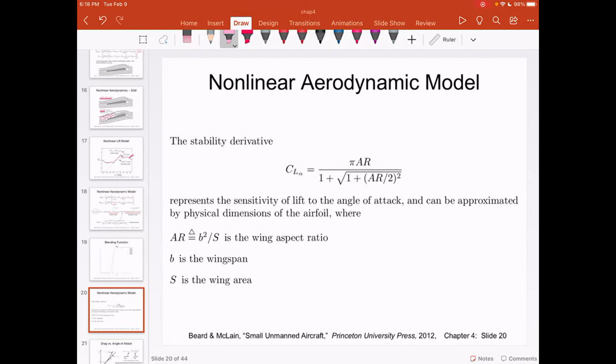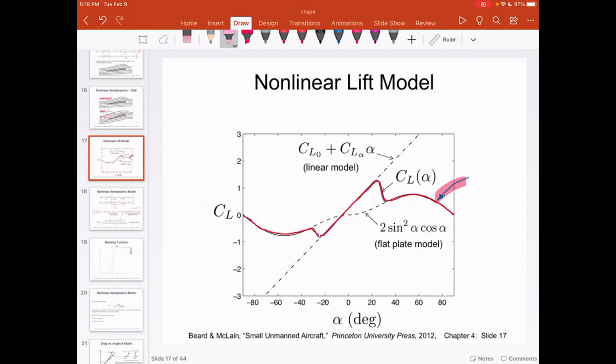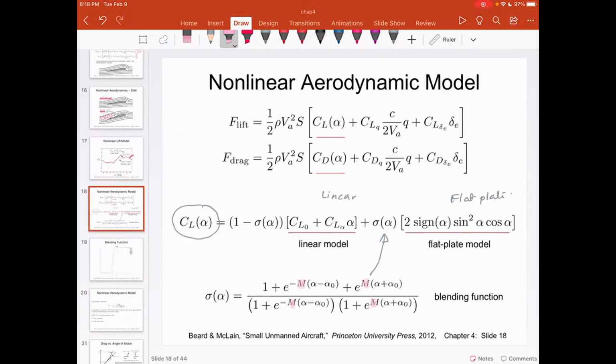And unfortunately, those forces are linear only in a very small region. So if you look at the lift model that we have, from 0 to about 10 to 15 degrees, you can have the linear approximation. But to make sure that you have an accurate estimation of the forces, that's why you use this linear model plus blending function. And please understand, for every airfoil, the parameters are different.